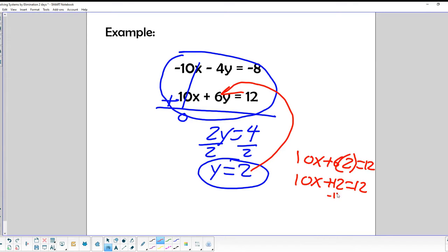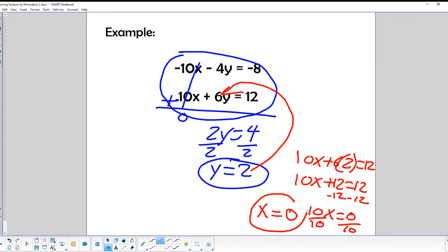So if I subtract 12 from both sides, I end up with 10x equals 0, and when I divide by 10, I get x equals 0. So there's my x value, and I found that by elimination. So my coordinates then are 0, 2.